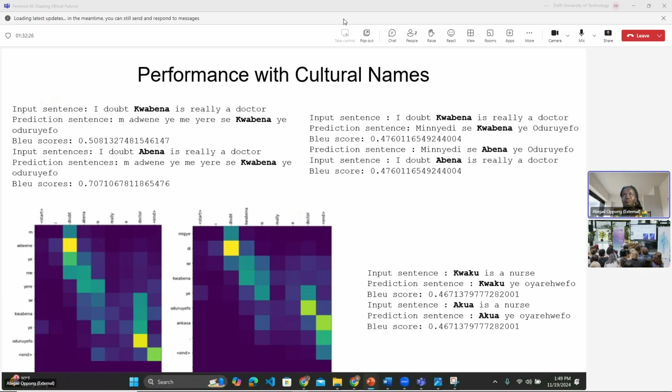But the question still was how we can make the model learn more that Abena is the female name and Kwabena is the male name, and make them more representative. So this is a work in progress where I'm trying to get more data on it to be able to see how the model performs on it.